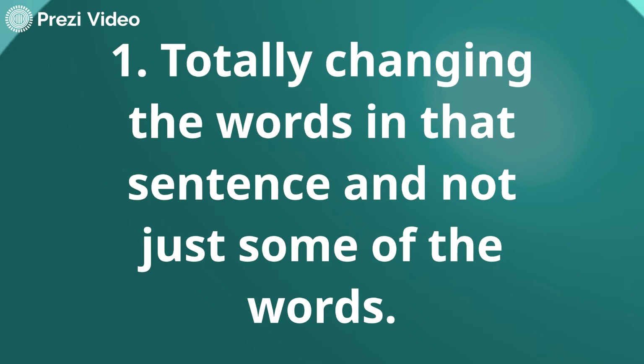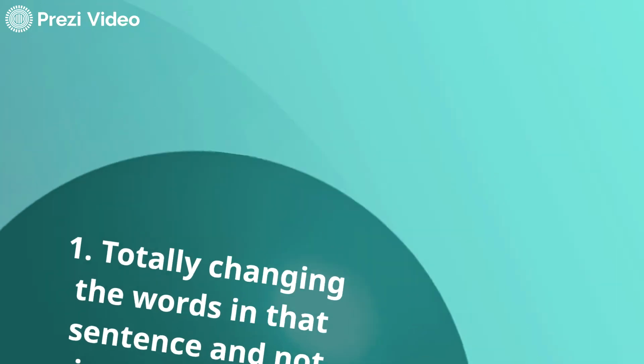So you don't just pick out one term from the sentence and then substitute that term and claim that that sentence has already been paraphrased. No, we totally change the words in that sentence. And we don't use paraphrasing tools, by the way. To practice the skill, we must paraphrase the text ourselves without the help of paraphrasing tools.